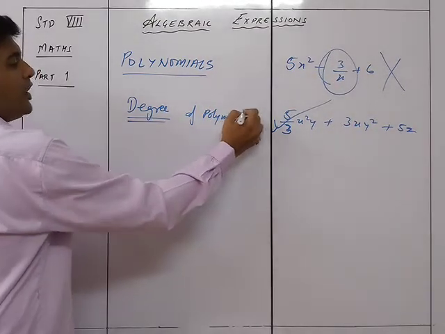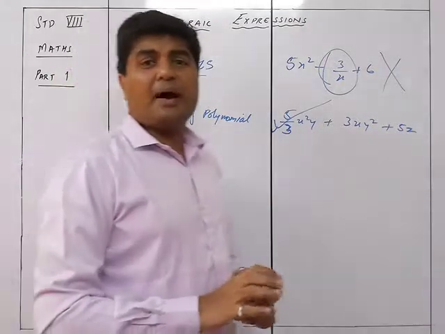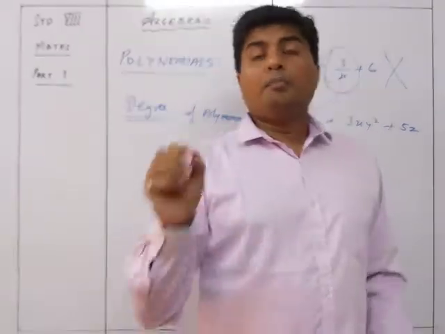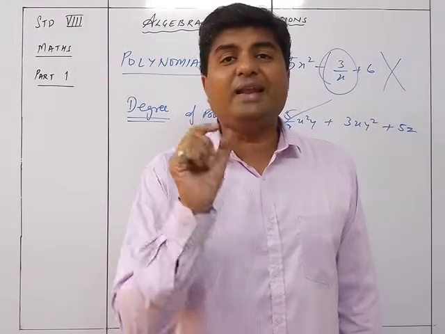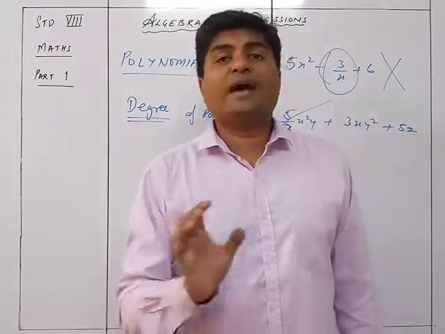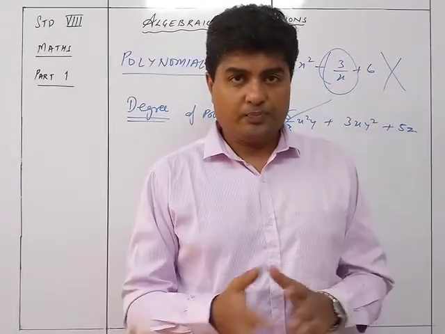A degree of polynomial is nothing but the maximum number of variables present in any of the terms of that particular equation.